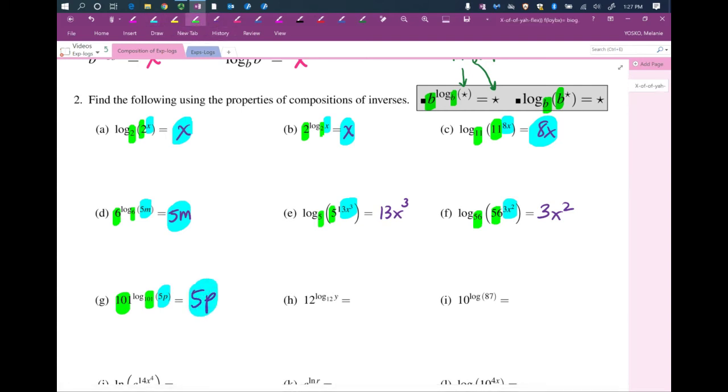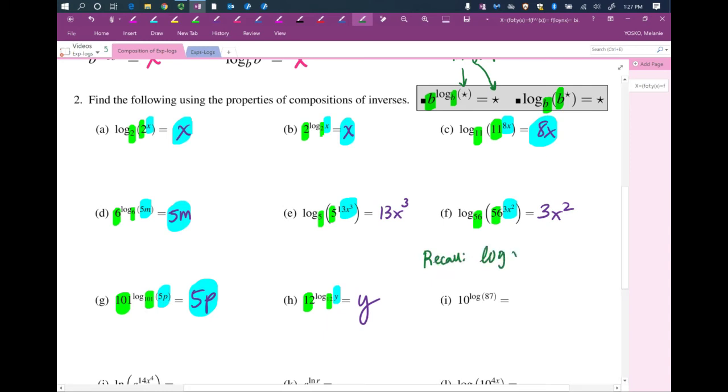It's moving right along. 12 to the log base 12 of y. The base of the exponential is the same as the base of the logarithm. So the answer is what the logarithm operates on, which is y. Look at I. Uh-oh. That log doesn't have a base. What base are we supposed to use if our logarithm doesn't have a base?